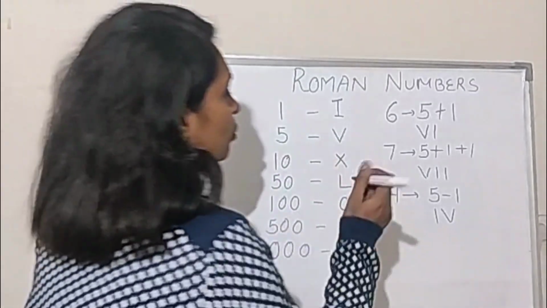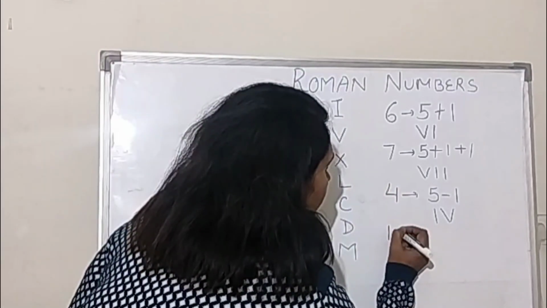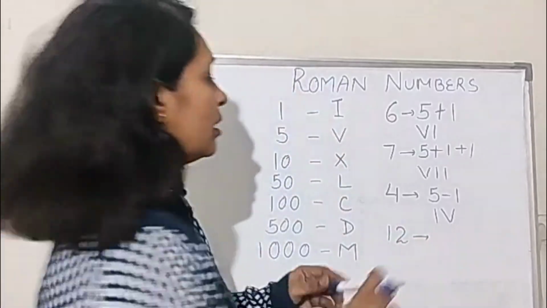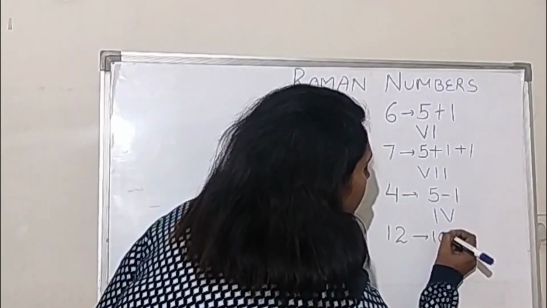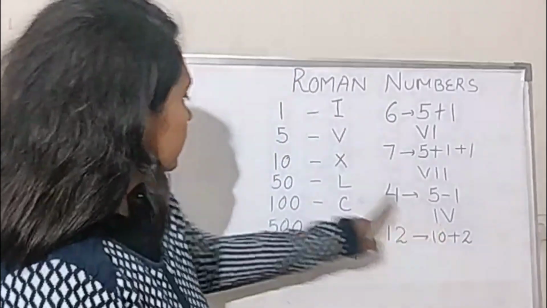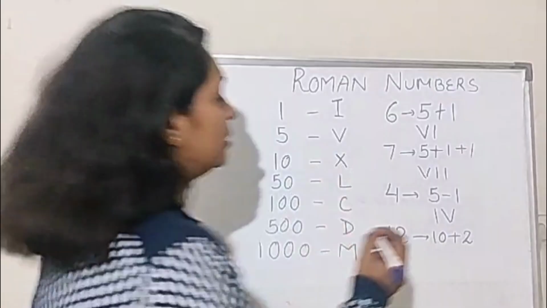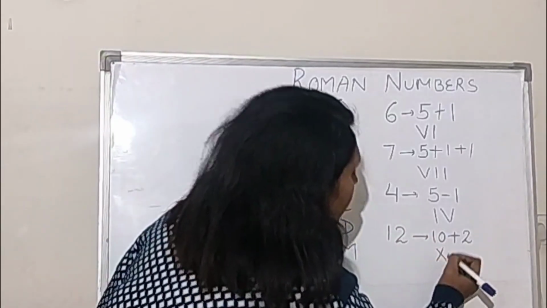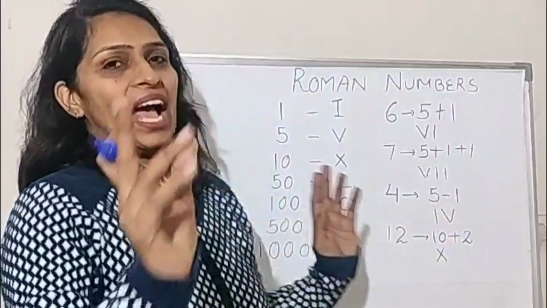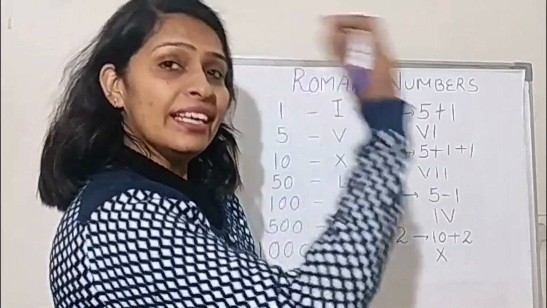Let's suppose I have to write 12. It can be written as 10 plus 2. Now 10 we know is X, and since it's plus, will it go towards right or left? Absolutely, towards the right side.